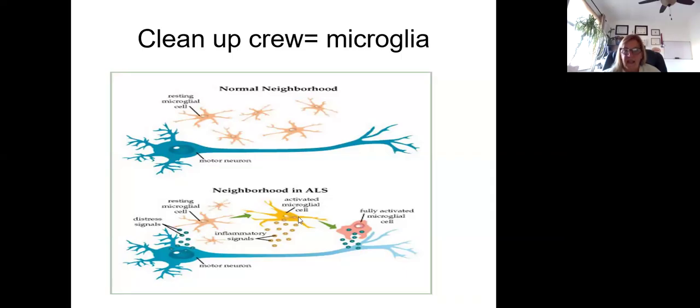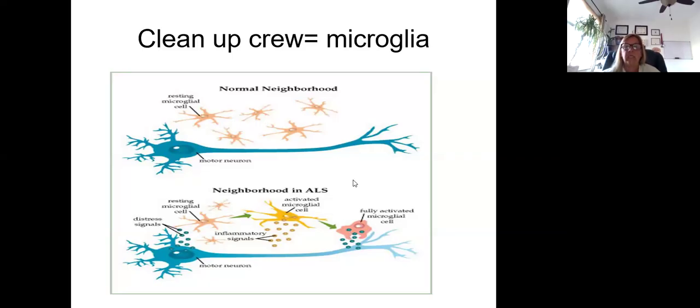The inflammatory response signals them, hey, wake up, we need you. Once they wake up, they go into full activation and start phagocytizing all of the dead debris and cleaning up the workspace, so to speak.